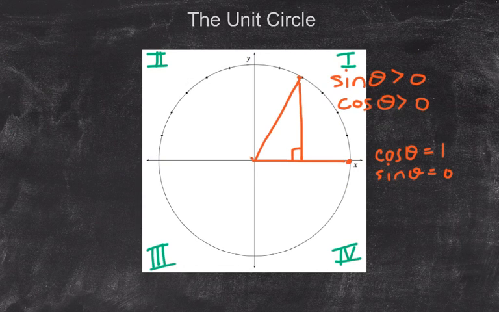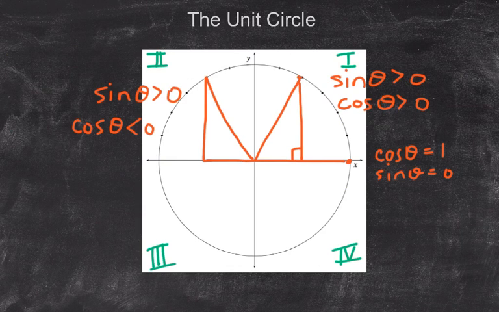Looking in quadrant 2, I've got a positive sine still, but my cosine is now negative because I'm on the left side of the y-axis. I'm to the left of x equals 0. So the cosine of theta is less than 0.